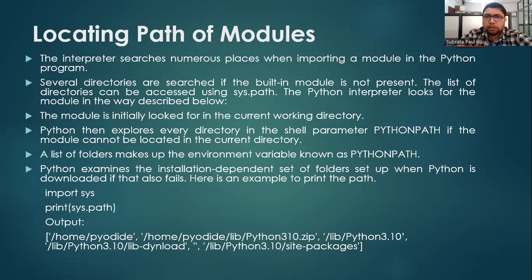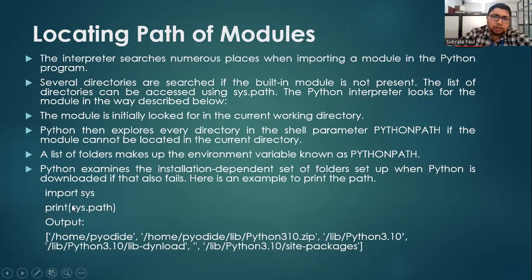The Python interpreter first looks in the current working directory, and then searches the remaining paths. Python also explores every directory in the PYTHONPATH variable. If the module cannot be located in the current directory, Python examines the installation-dependent default folder set when Python was downloaded.